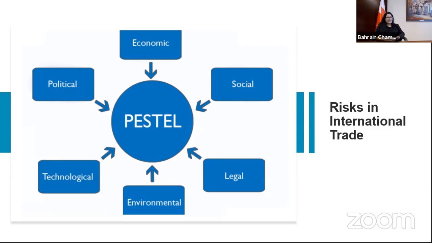Through PESTEL analysis, you will get an idea about the political, economic, social, legal, environmental, and technological risks that you may confront in the exporting or importing countries. So what are the political risks when you are going to trade internationally?